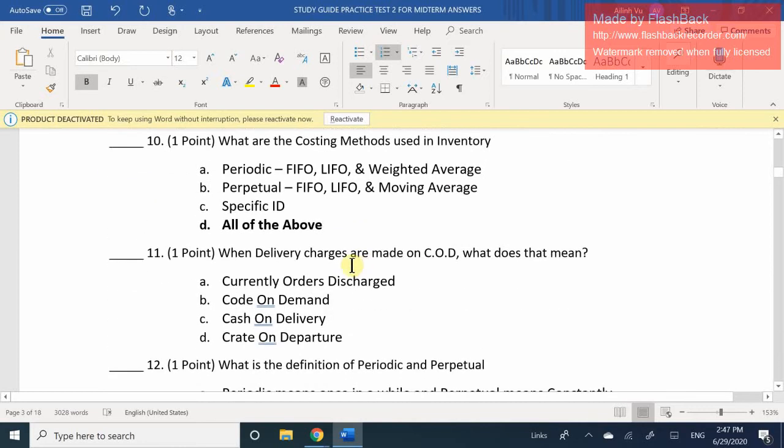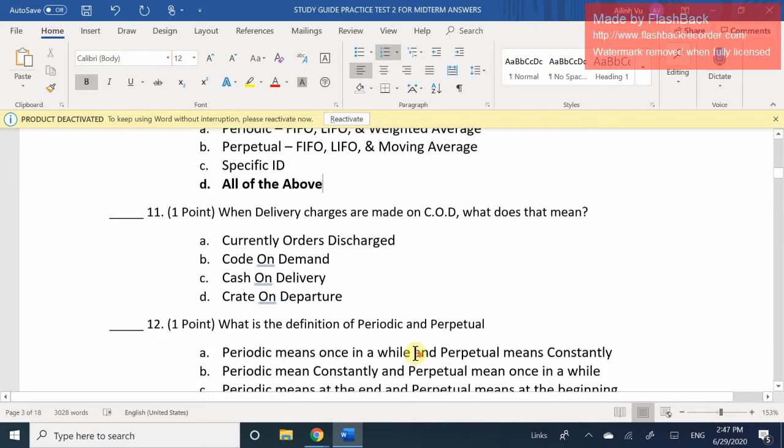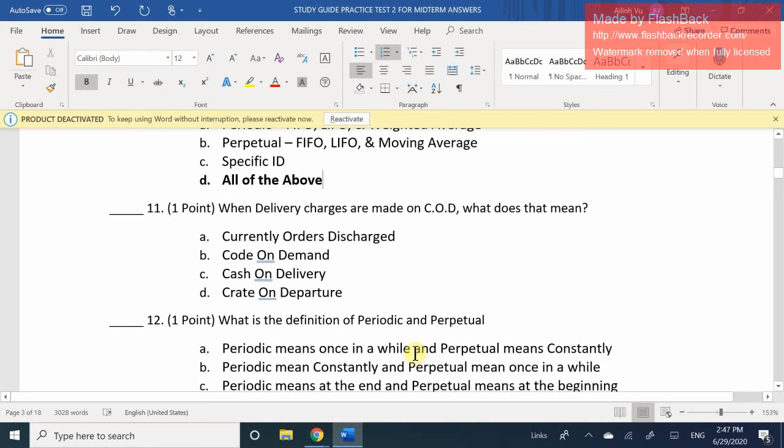Okay, number 11. When delivery charges are made on COD, what does that mean? Does it mean currently orders discharged, code on demand, cash on delivery, or crate on departure?